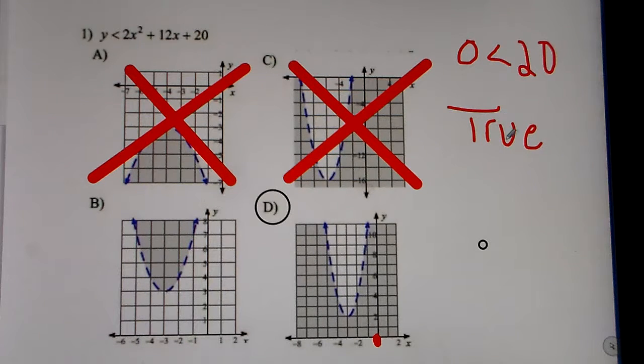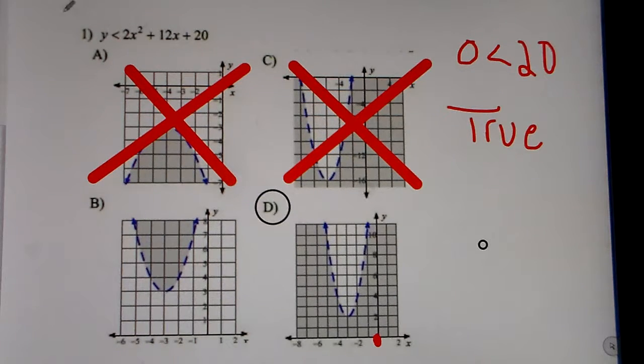And when we test this point and we come out with a true statement, that's the side that we're going to shade. So we're going to shade the outside of this parabola, because that's where this point is. It's on the outside of this blue parabola. Now, if this came out to be a false statement, then you're going to shade the inside of the parabola, or in other words, the area that doesn't include the 0, 0 point.